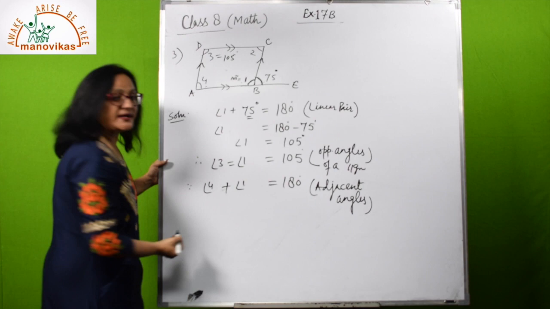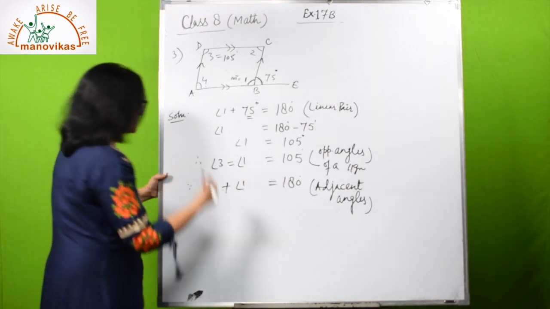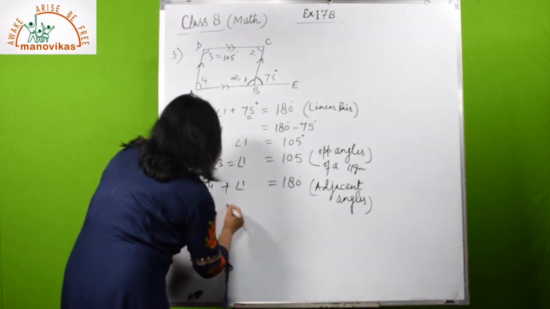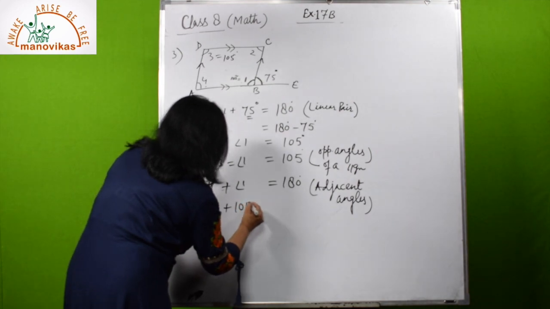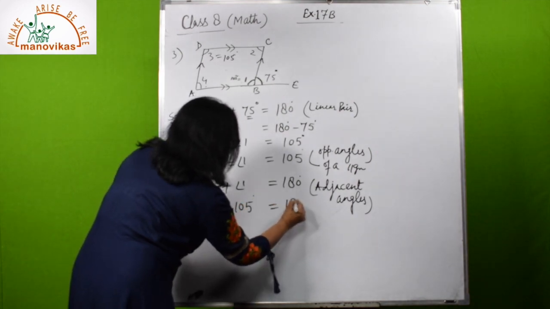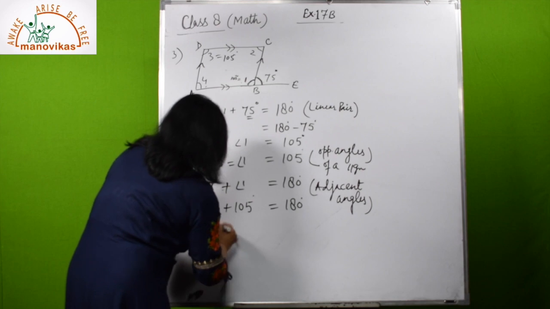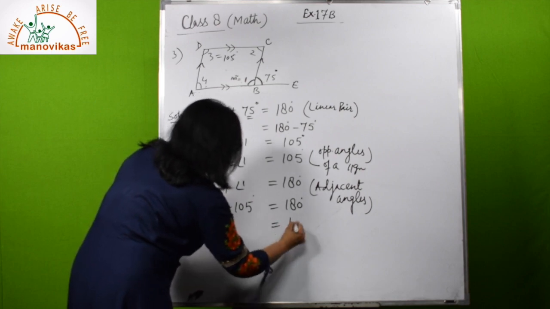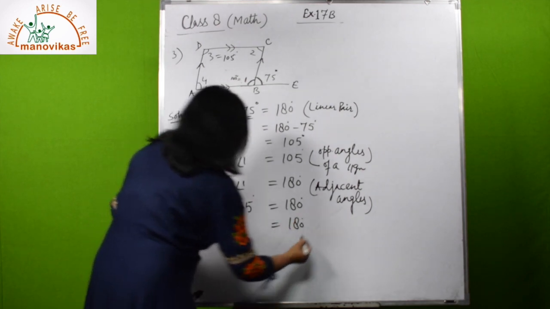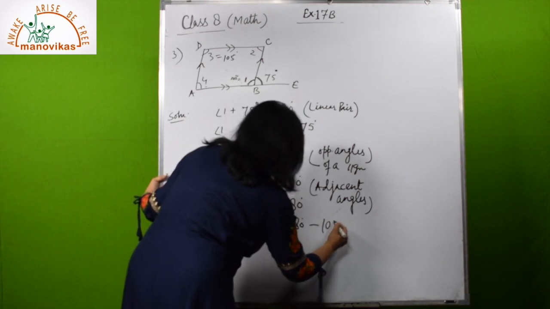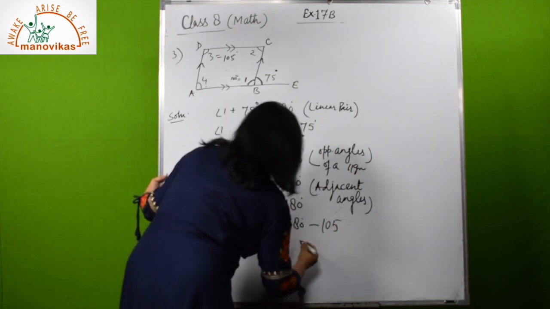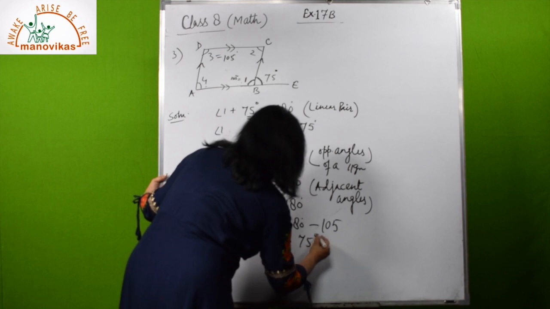Now because angle 1 is equal to 105, substitute the value here. Angle 4 plus 105 is equal to 180 degree. So this way angle 4 is equal to 180 degree minus 105, and that is equal to 75 degree.